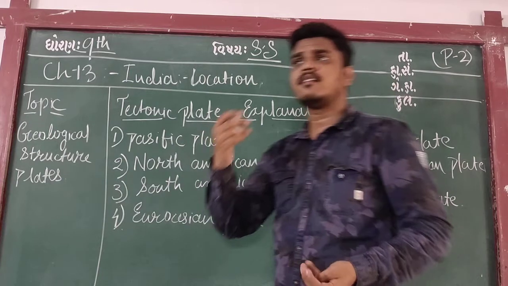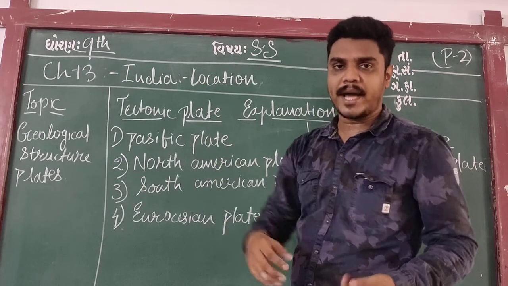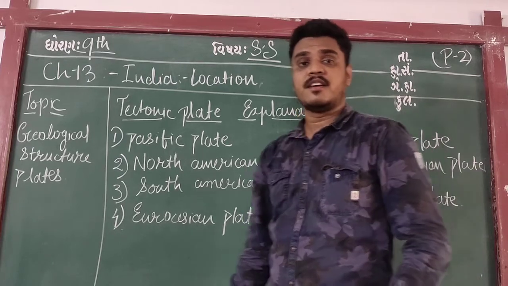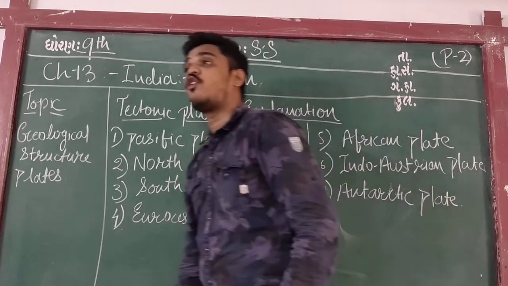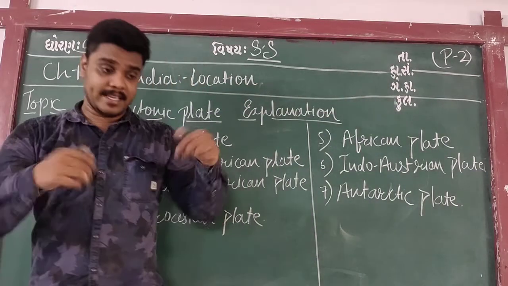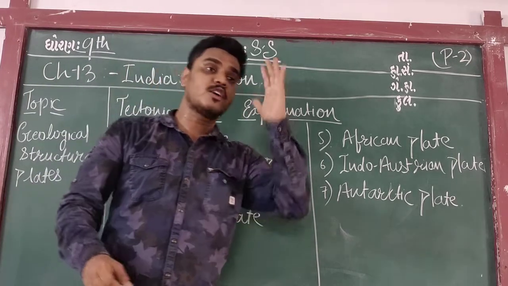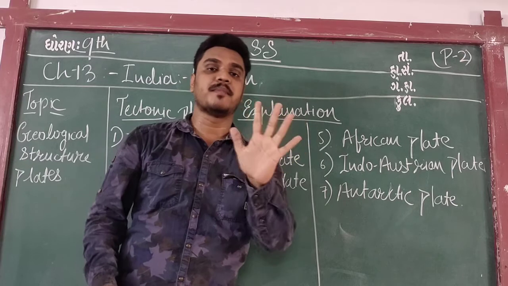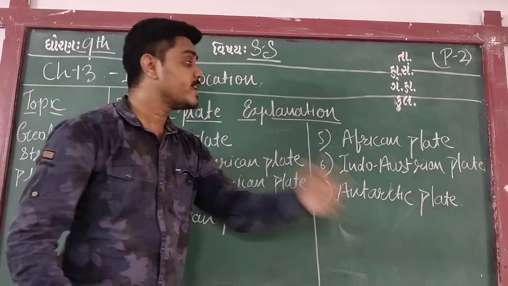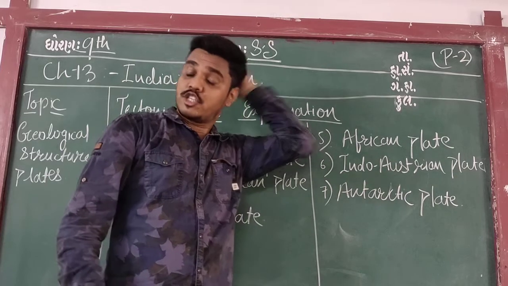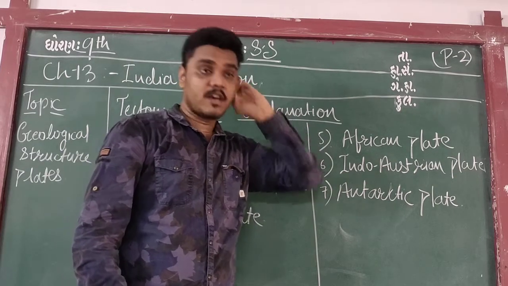Let me recall for your minds that in previous standards we learned there are seven continents, and in this standard, in 9th, we will come across this word plate. The continent and plate are the same, but plate is the technical term, and we used to call it continent.